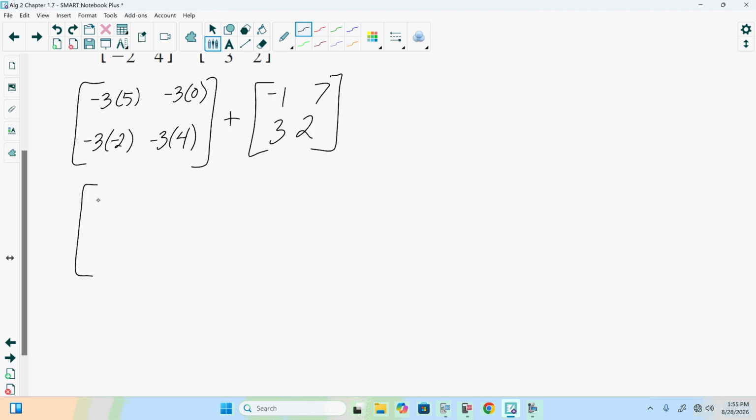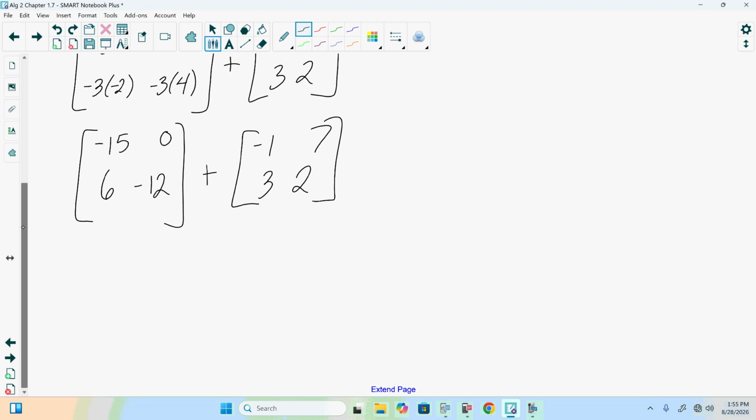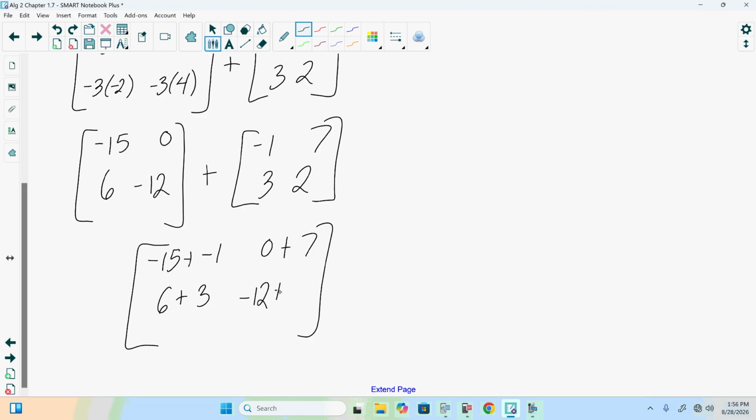So the first matrix C would be negative 15, 0, 6, negative 12. Now we can just add. We'd have negative 15 plus negative 1, 0 plus 7, 6 plus 3, negative 12 plus 2, or we could have just written negative 16, 7, 9, negative 10.